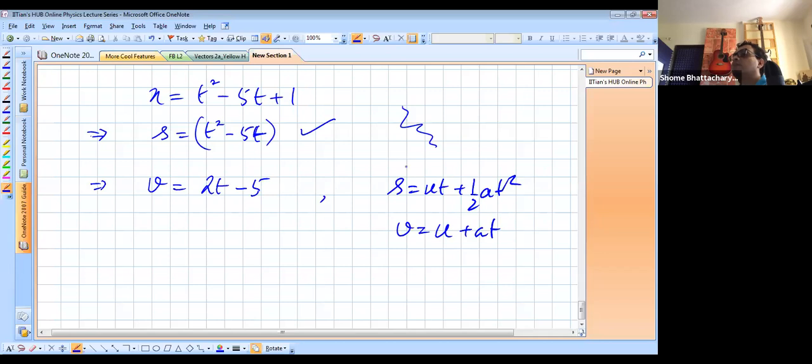I saw that by comparison over here, the value of u was minus 5 and the value of a was plus 2. This is what was happening over here.